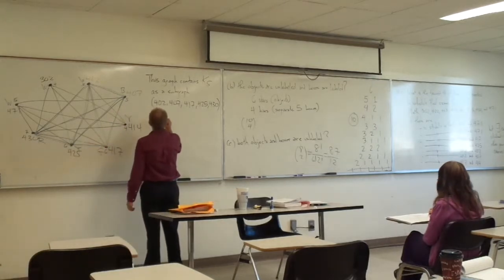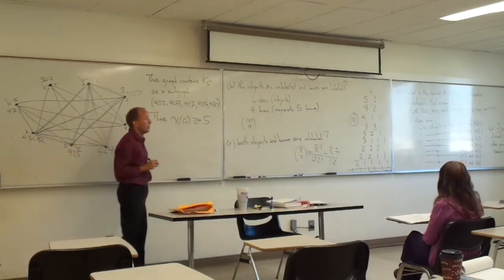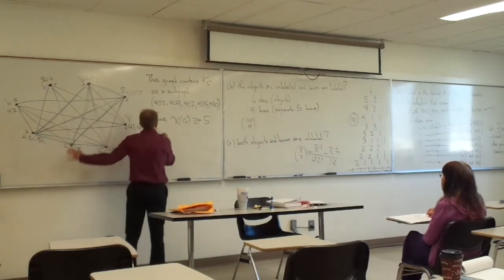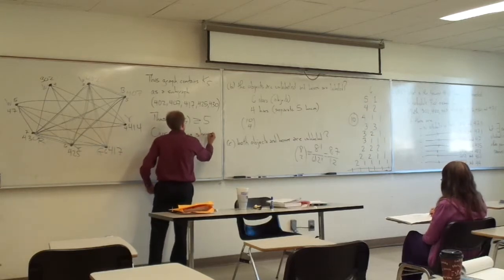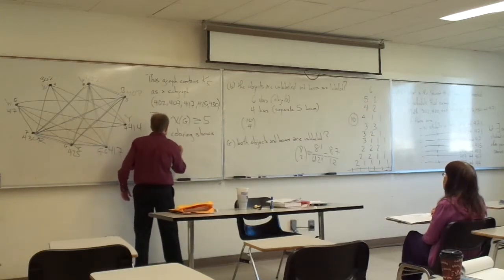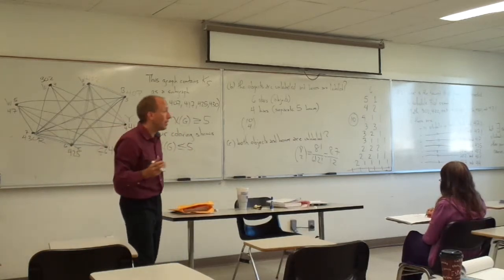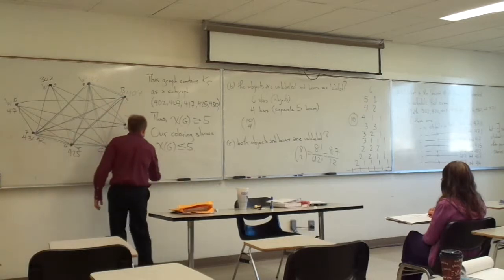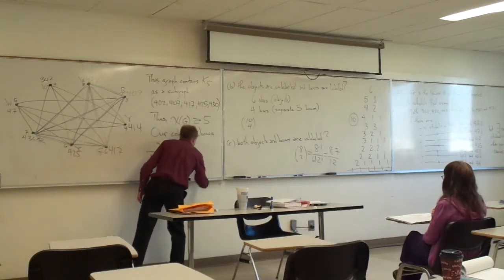Thus, the chromatic number of the graph is at least 5. However, our coloring shows that the chromatic number of G is at most 5. So we've actually exhibited a coloring that uses 5 colors. Okay, so thus the chromatic number is exactly 5.